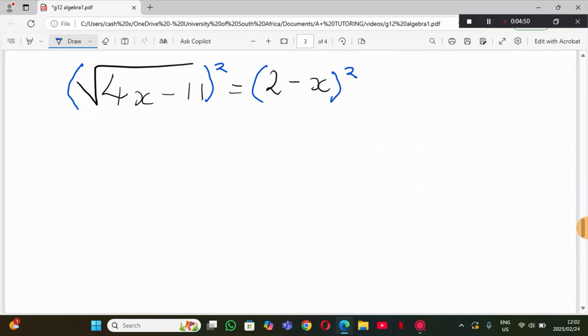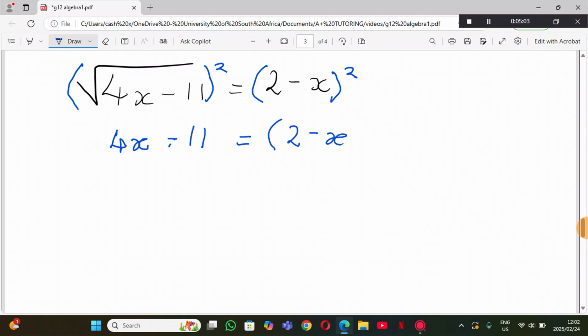So after we square, we now have 4x minus 11 is equal to 2 minus x squared, of which this now means that I have 2 brackets, 2 minus x and another 2 minus x.